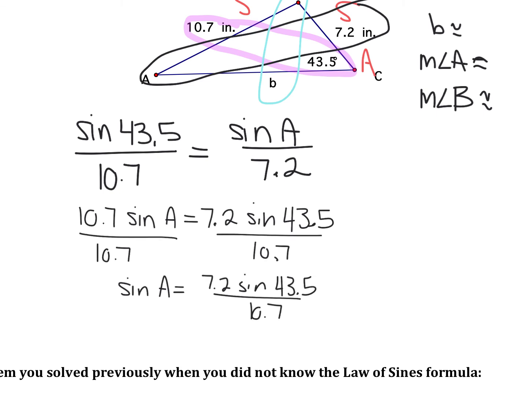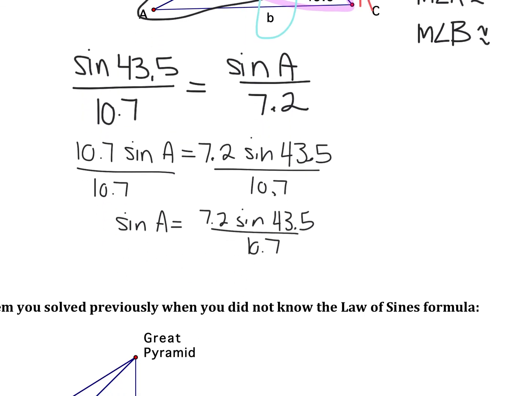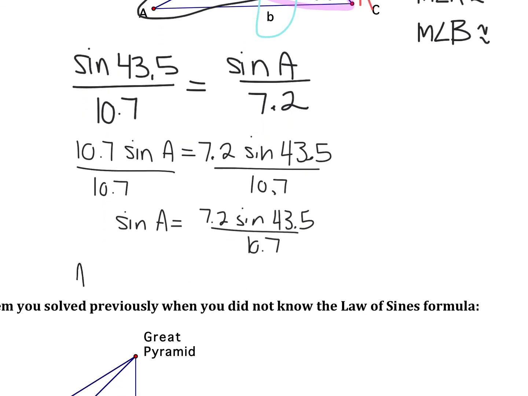And I'm not going to type that into my calculator yet because I don't want to keep rounding. So instead, I'm going to wait till I get to this step and then type everything in. So it's going to be inverse sine of 7.2 sine of 43.5 over 10.7.